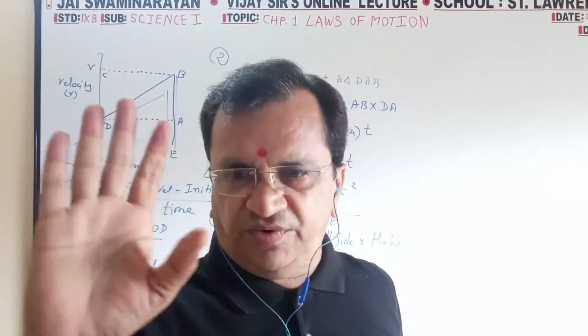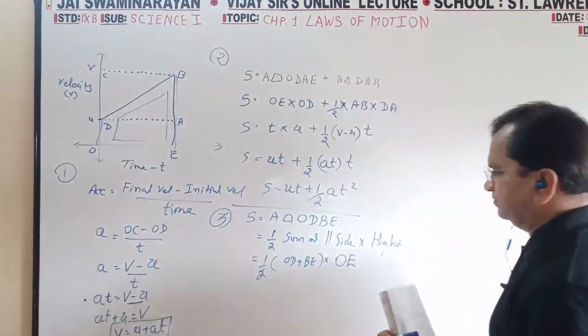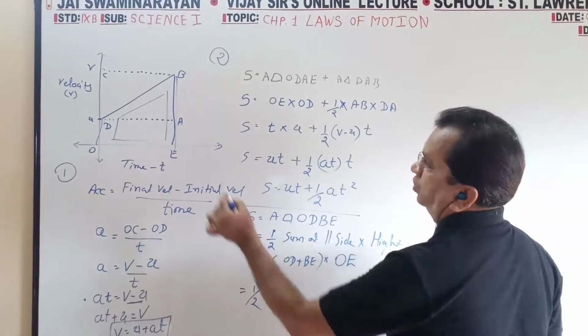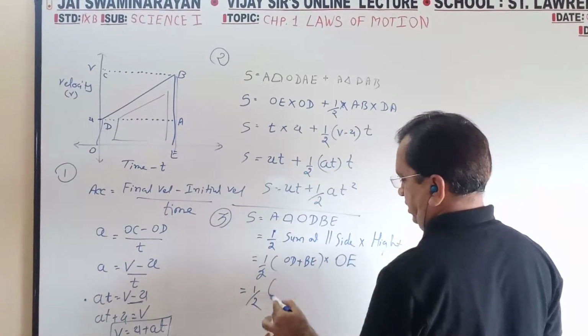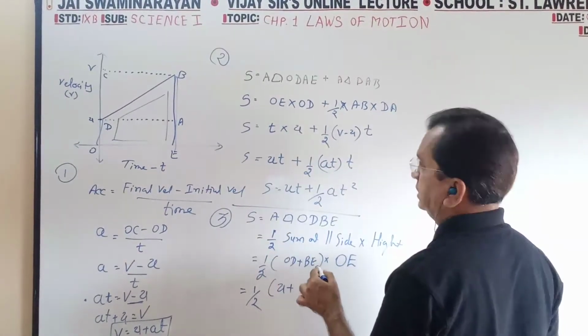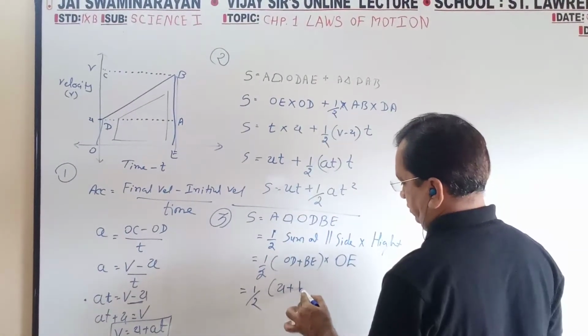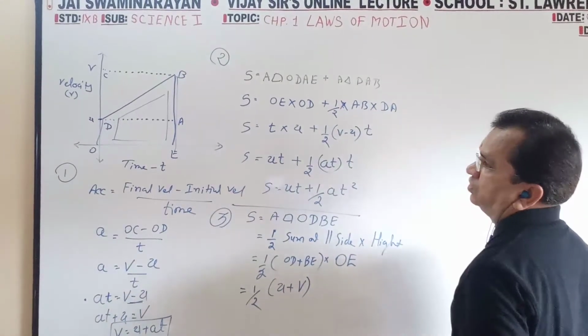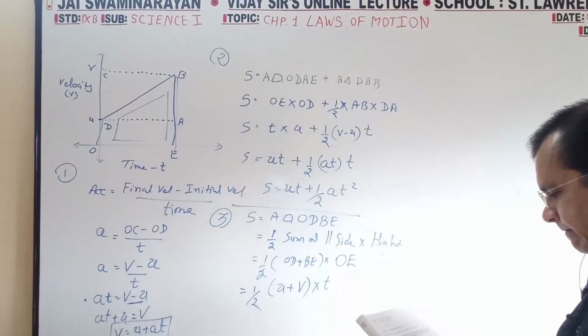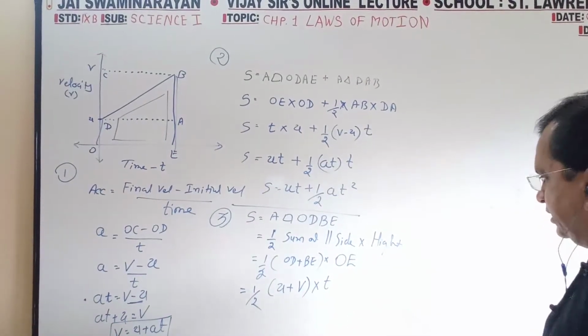OD, that is only U, plus BE, that is V, and OE is T. Correct?